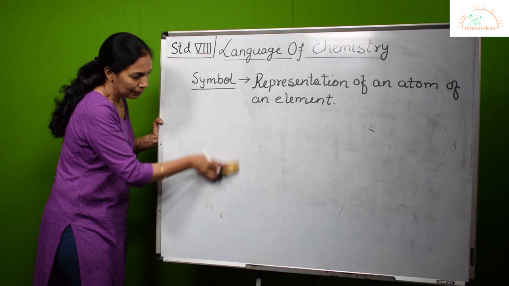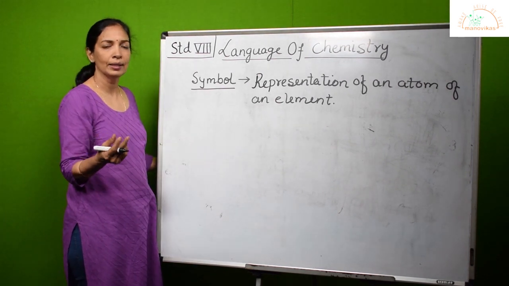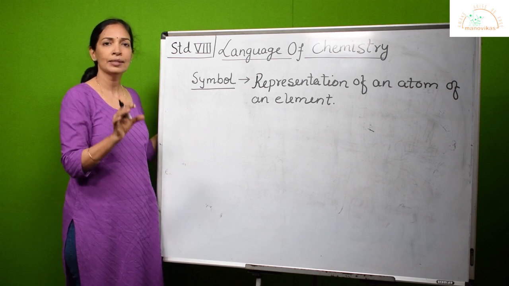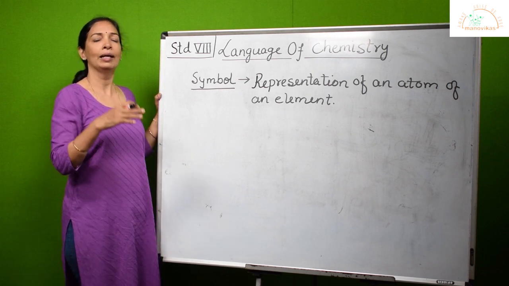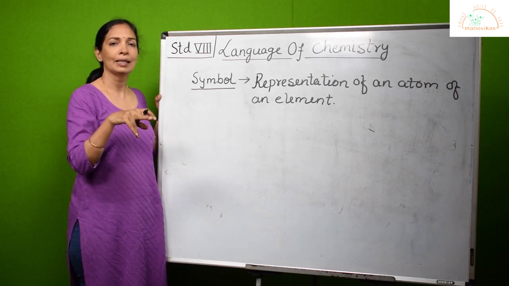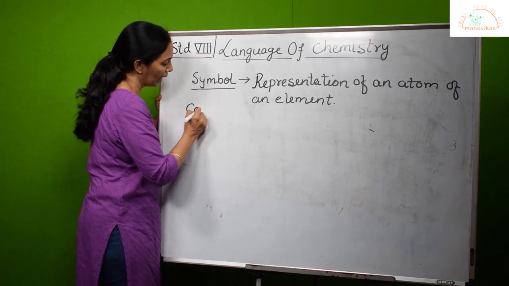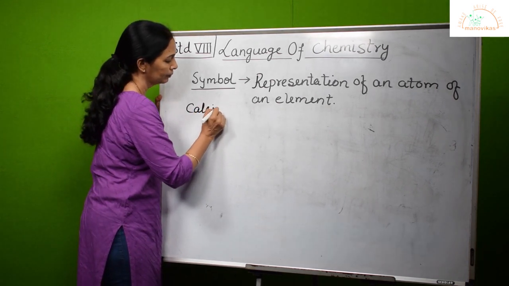If the first letter is already given to some element as its symbol, then we take the first letter of the English name and any other letter from the name. The first letter is written in capital and the next one is written in small. For example, for calcium, C, a.